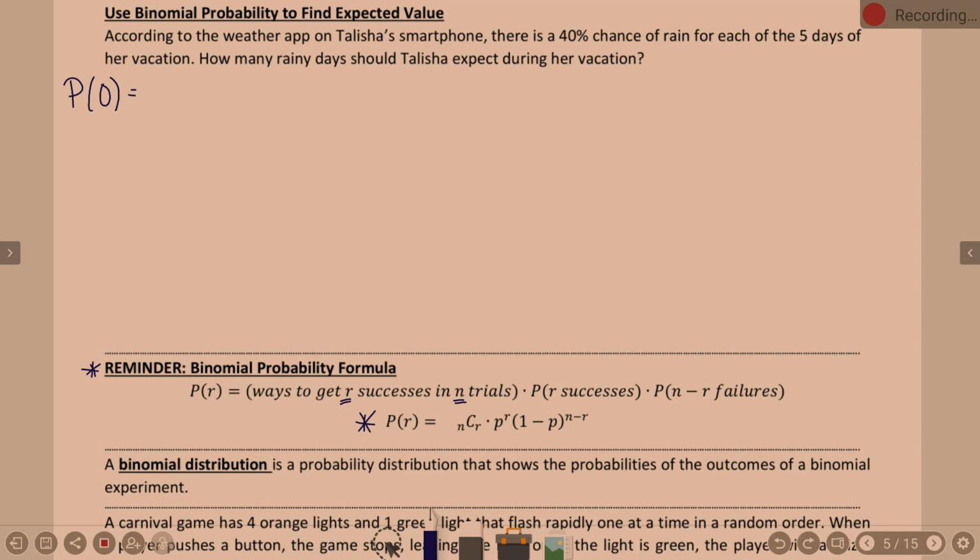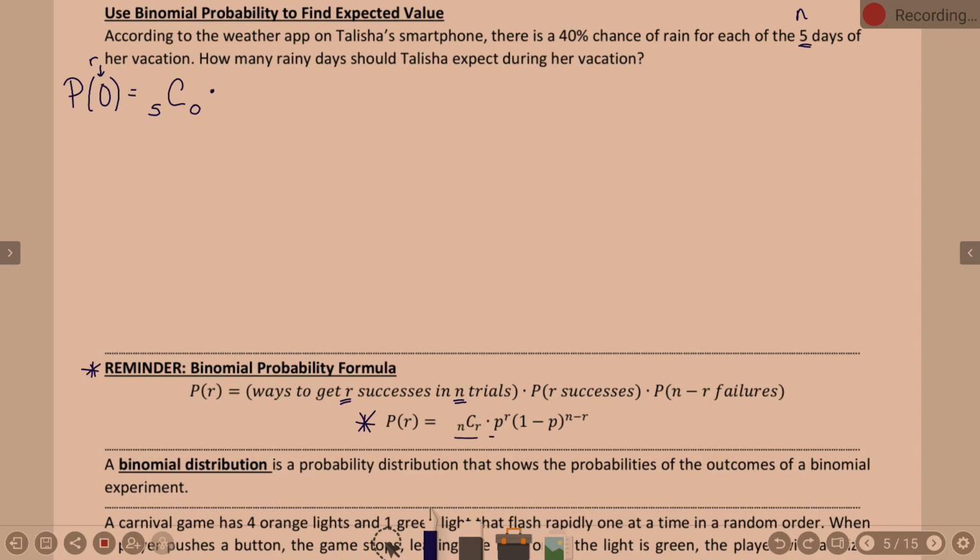Your N is always going to be 5 because that's how many days we're going out of. Your R value is what you're finding the probability of. Notice P of R, N C R. So that's going to be 5 days, the combination of 5 days picked 0 at a time. So 5C0, that's this first piece of the formula.